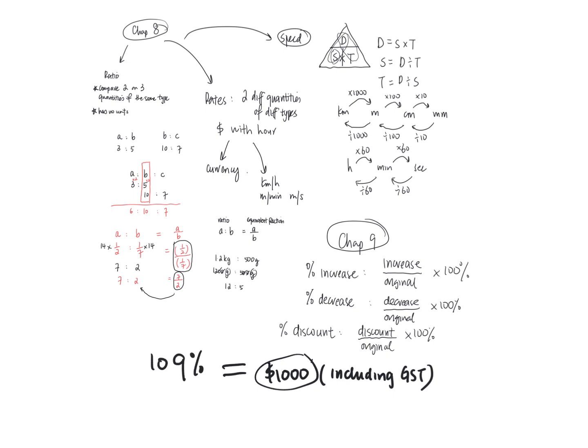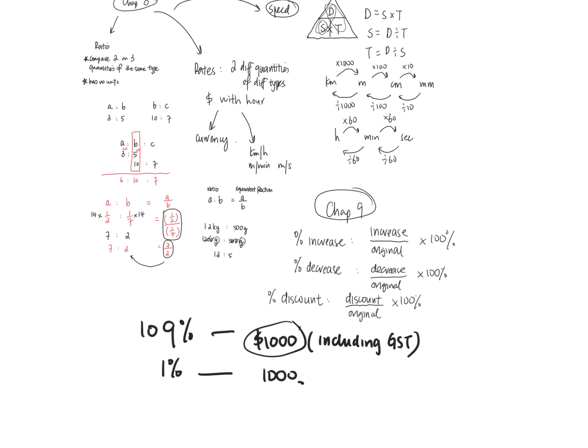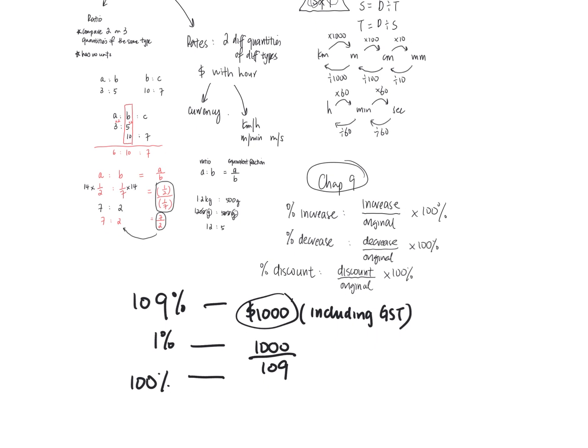Because now GST is 9%. So if I say this price is already inclusive of GST, you must tell me that this is 109%. Then you go and find 1%, then you go and find 100%. That will be the price without GST.